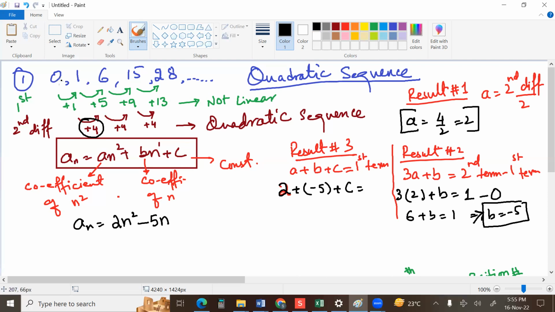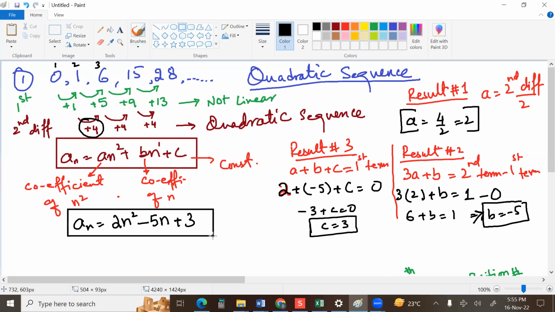And the first term that we have is 0. First, second, third. The first term is 0. Negative 3 plus C is equal to 0, and C is equal to positive 3. All 3 unknowns are done. And that's my general formula. We have just generalized so far.